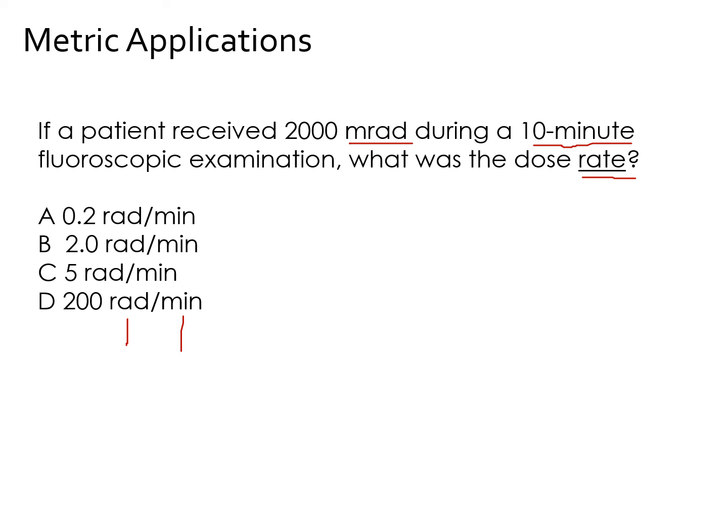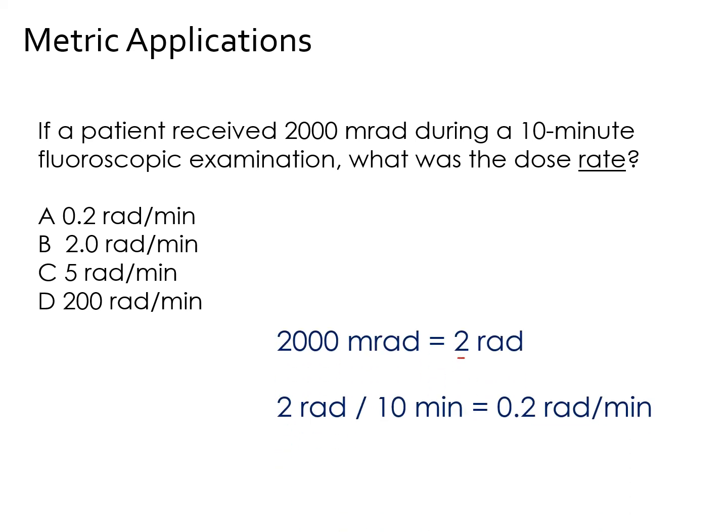But you are given millirad. So before you do anything, we have to convert this into a rad. So if I'm at millirads, which is to the right, I'm bringing it back to the left, 3 places back to the base unit, and you should get 2 rad in 10 minutes.